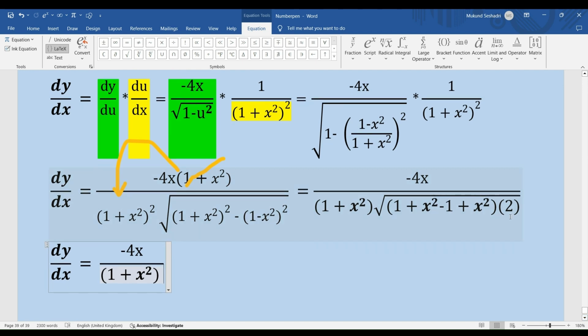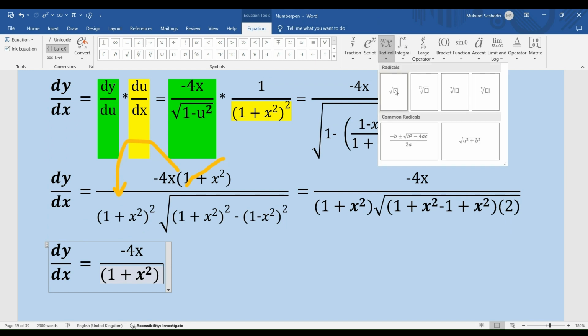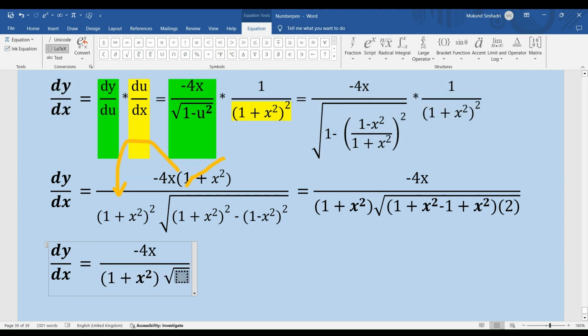So what do we have inside the square root? Our 1 and 1 gets cancelled out, and then we have an x square plus x square, which becomes a 2x square. So let me open up my root, and then we have a 2x square into 2, which becomes a 4, right?